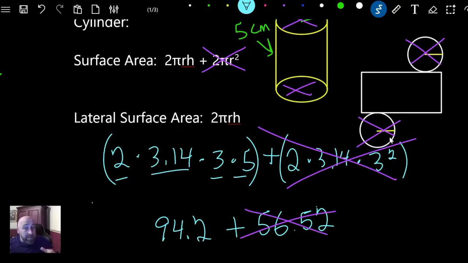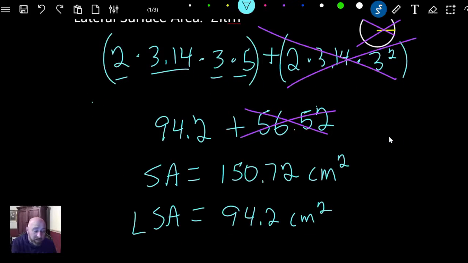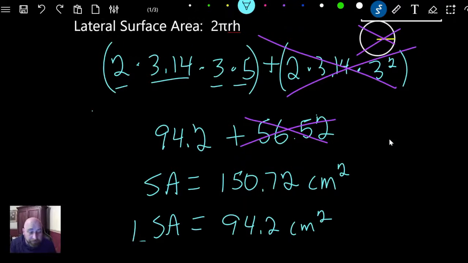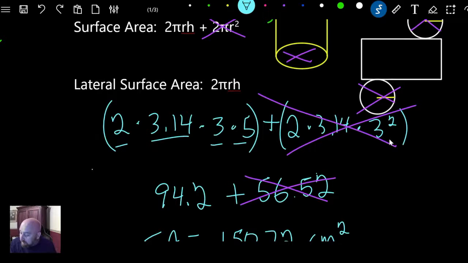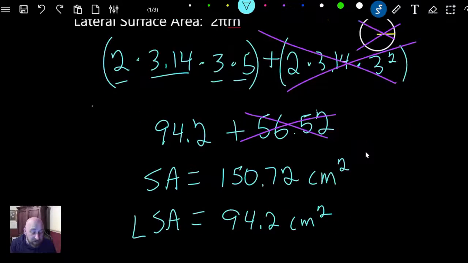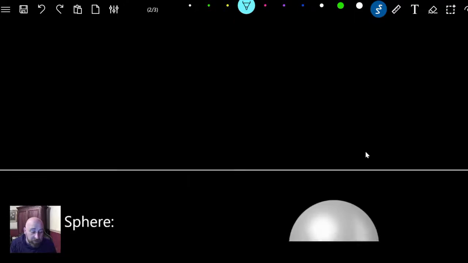If you only need to find the lateral surface area, then all you need to do is plug into that. If you have to find the surface area and the lateral surface area, then just find the surface area first, and then this first number that you get is going to be your lateral surface area. Okay? And you can see that again in your book there on page 258. If you have any questions, you can look down there.